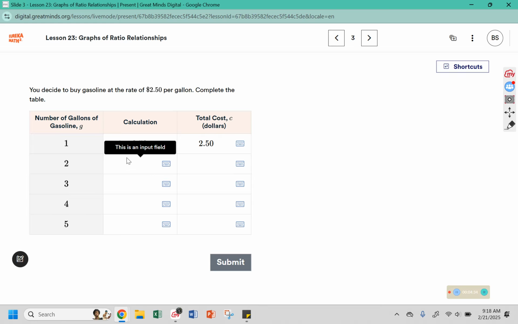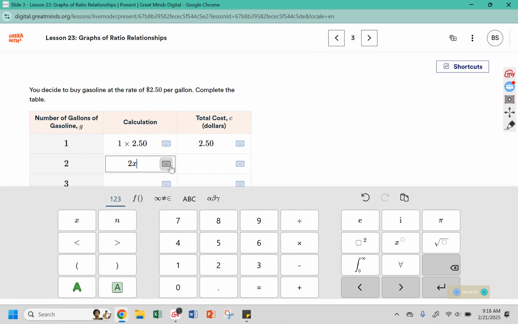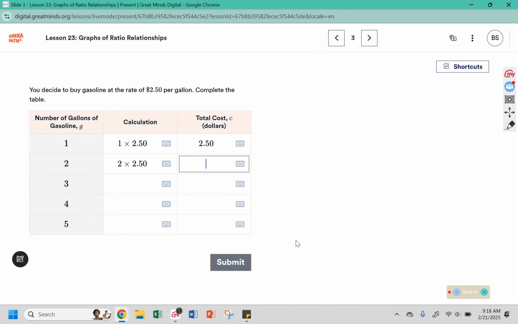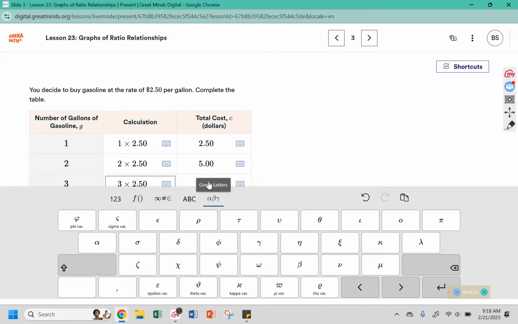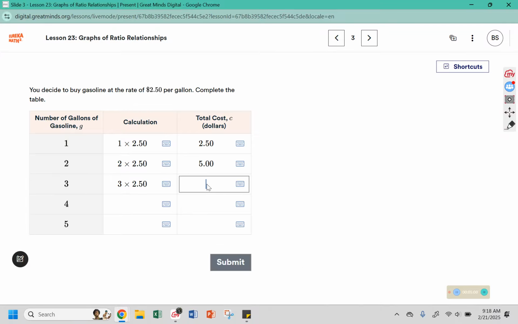If we purchased 2 gallons, we would do 2 times $2.50. 2 times $2.50 would be $5. For 3 gallons, we need 3 times $2.50, which would be $7.50.